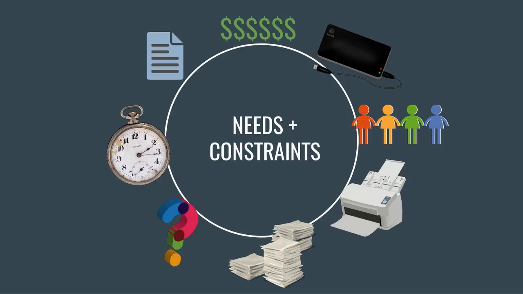Obviously, equipment, which, all of these relate back to each other. Equipment relates back to money. How many documents you have also relates back to equipment. Are you going to try to scan with a batch scanner? Are you going to have to scan one by one? Time is also an issue, and then figuring out what format you want these digital items to be in.